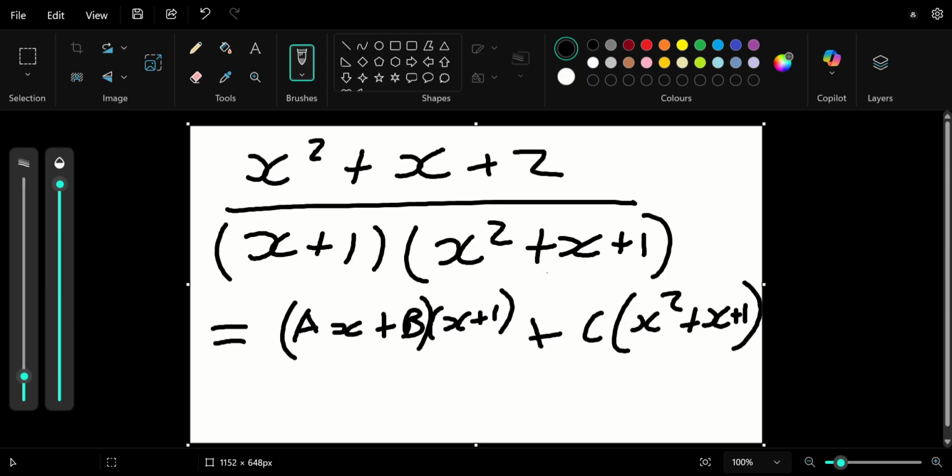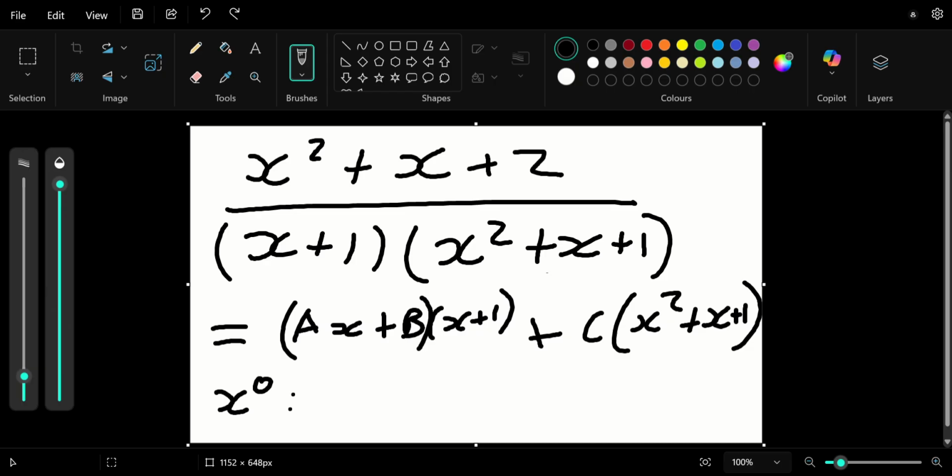Now here you also have two different methods to choose from. We know that x can't be equal to -1, so you can just substitute -1 in, and you can compare. Or the method that we'll be doing today is by comparing degrees of x. What I mean by this is, this notation stands for the constant.